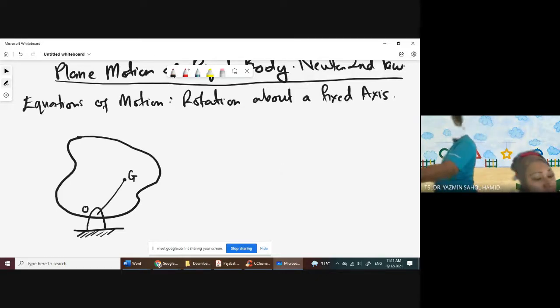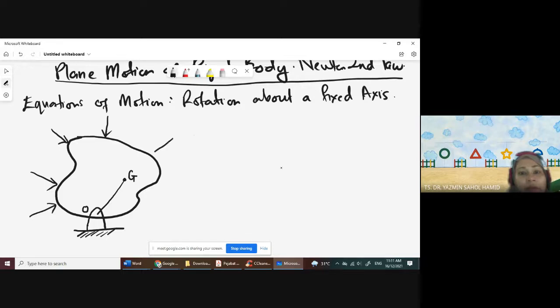So basically there will be forces acting on top of it. These are all external forces. We have lots of external forces acting on it, let's say F1, F2, F4, F5, F6. All of these external forces are what cause the rigid body to have omega, the angular velocity, and alpha, the angular acceleration.